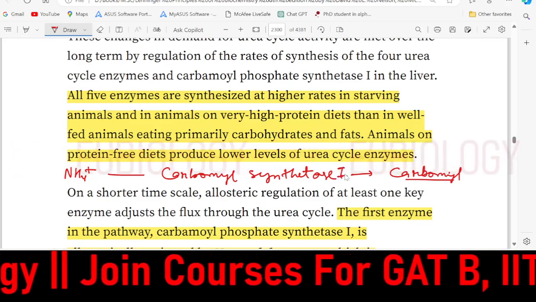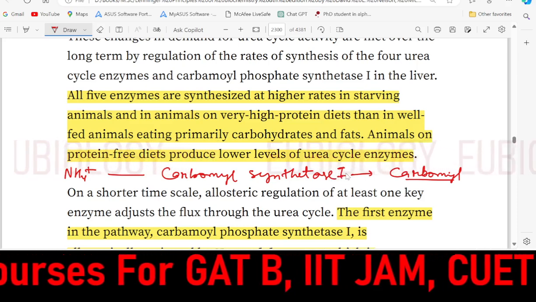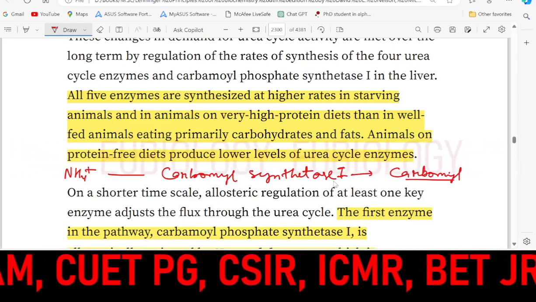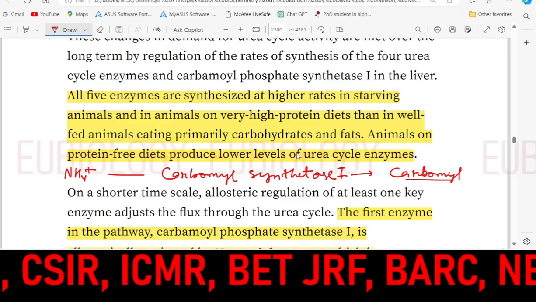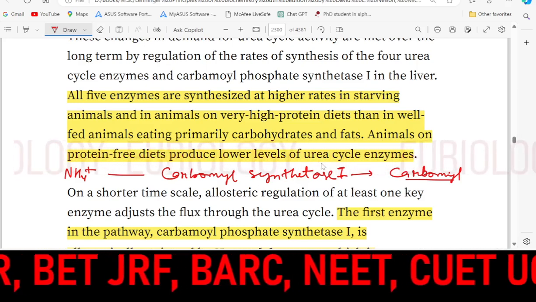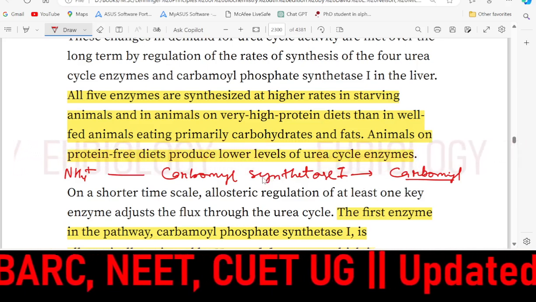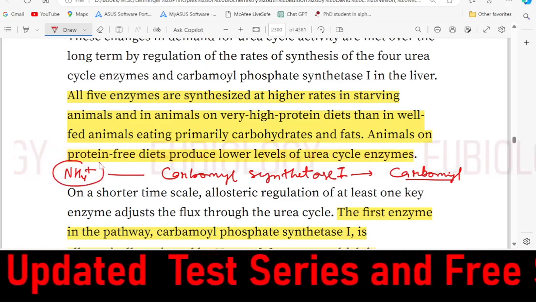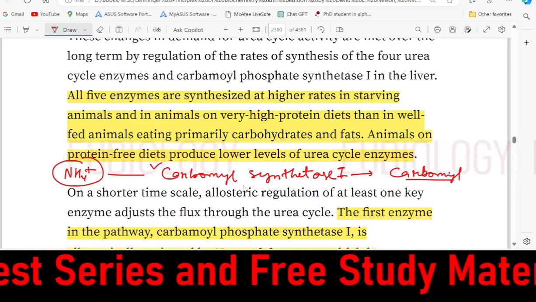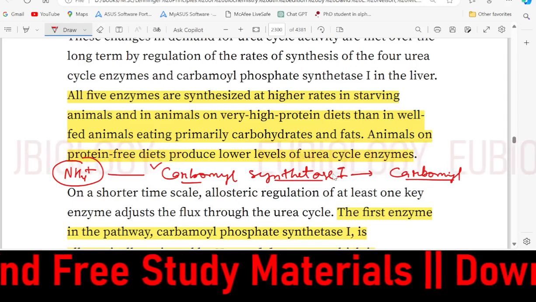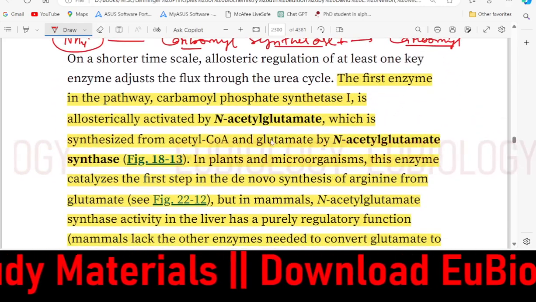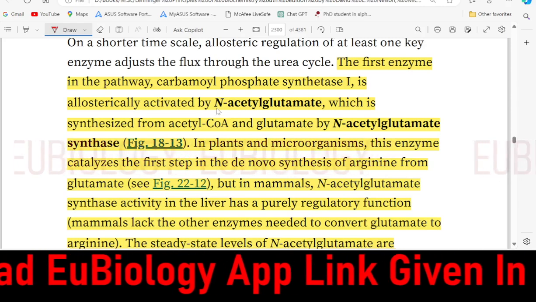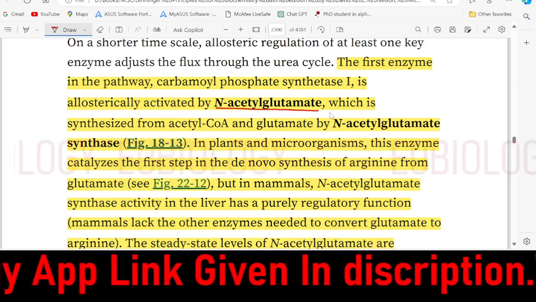There is another one, carbamoyl phosphate synthetase 2, which is in the cytoplasm, and that helps in purine and pyrimidine synthesis, not in amino acid metabolism. So whenever more ammonia is there, we need this carbamoyl phosphate synthetase more, and it is regulated by N-acetyl glutamate.